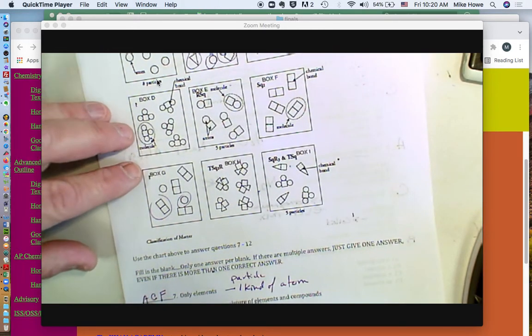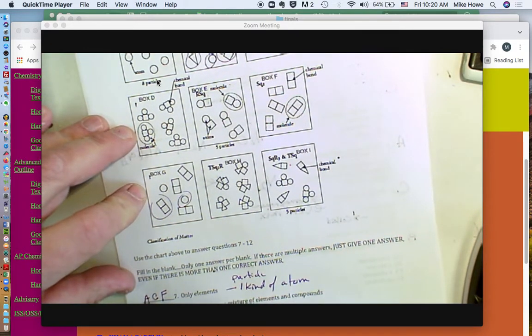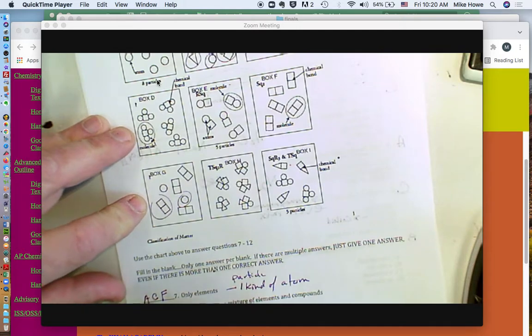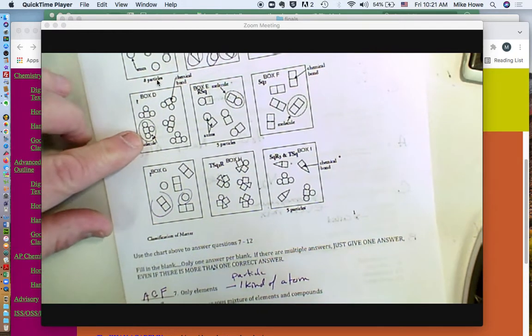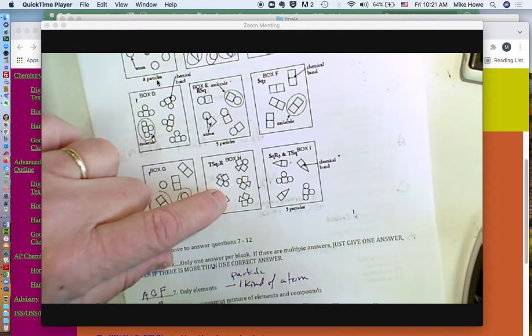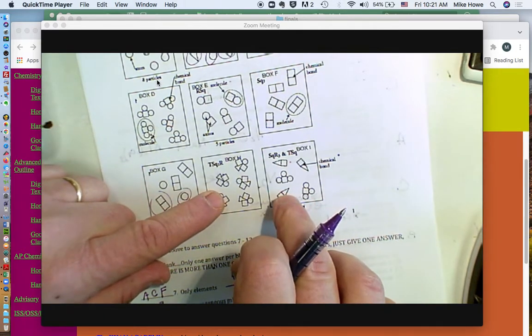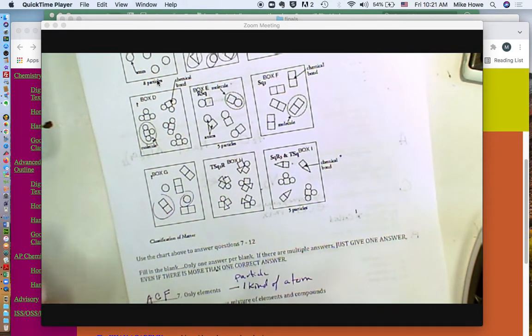So you could have said D, you could have said E, you could have said H, you could have said I. So there's lots of possible answers. Oh, not F, I'm sorry. Scratch F. So D, E, H, I would be compounds.